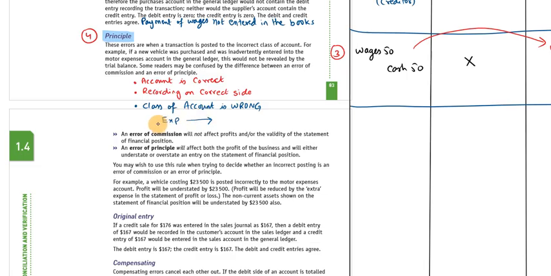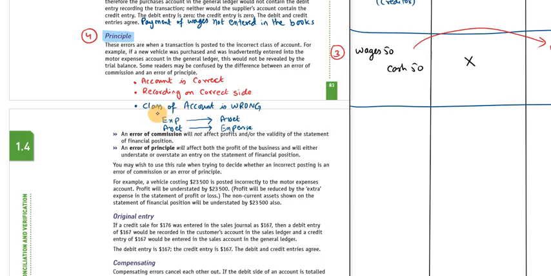For example, we have an expense, but wrongly we recorded the expense as an asset. This is wrong. And for example, we have an asset, and we wrongly recorded an expense, but the correct entry was an asset.